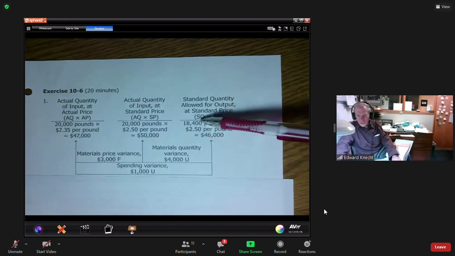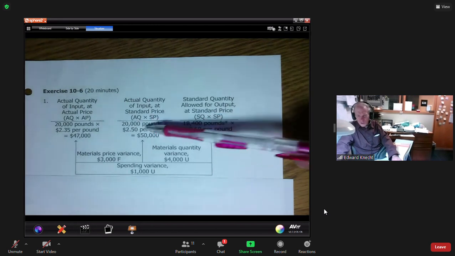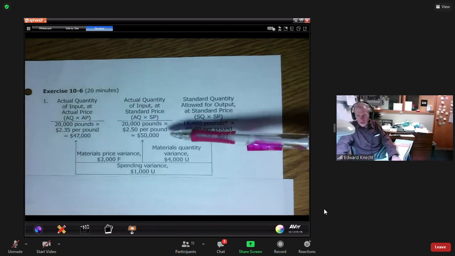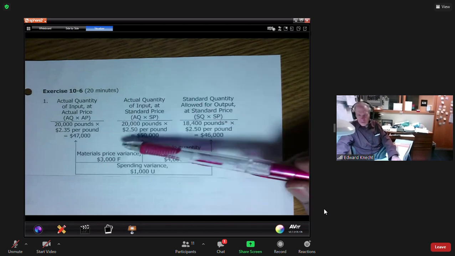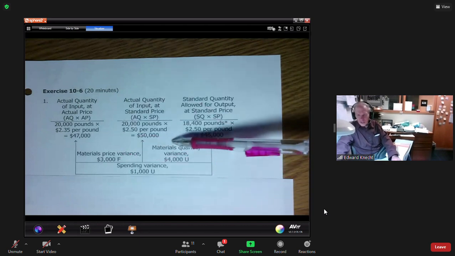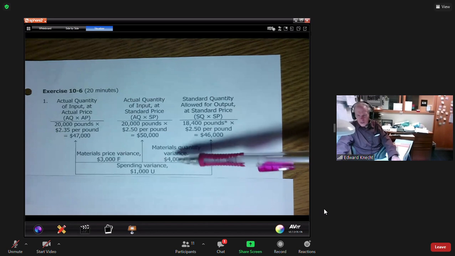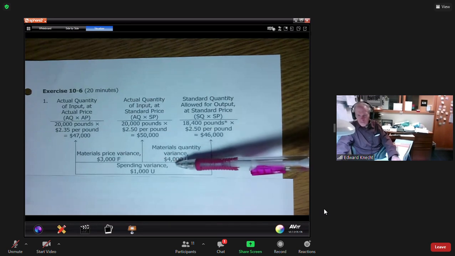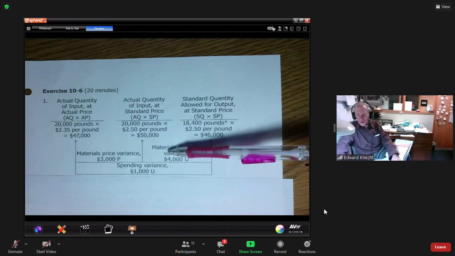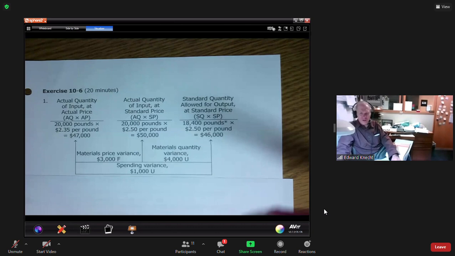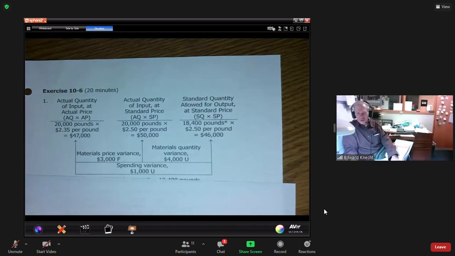We're only supposed to use 18,400, you used 20,000 pounds, 1,600 more pounds of the materials. So is it the purchasing agent that you got to talk to, or the production manager? Maybe they're both at fault. The production manager can say, oh, the purchasing agent gave us the wrong materials, got the cheap stuff. And we always use more of it in production to produce.